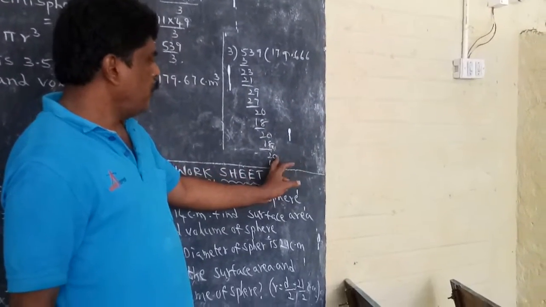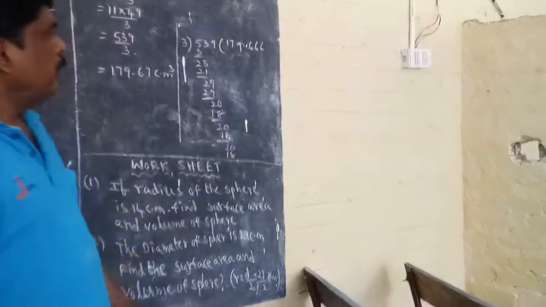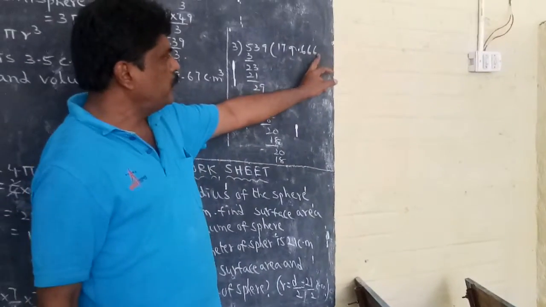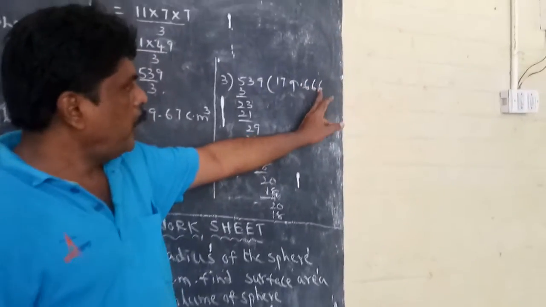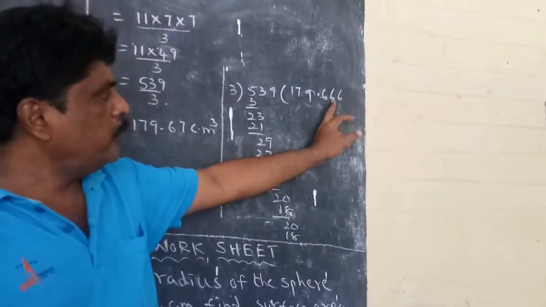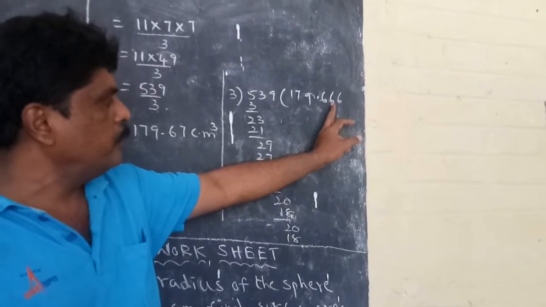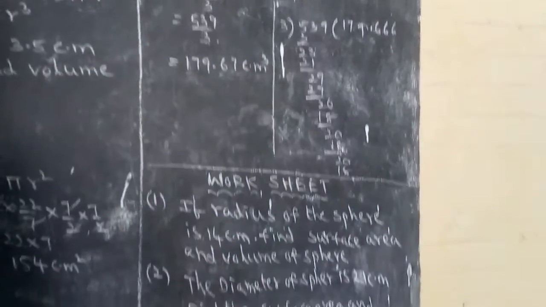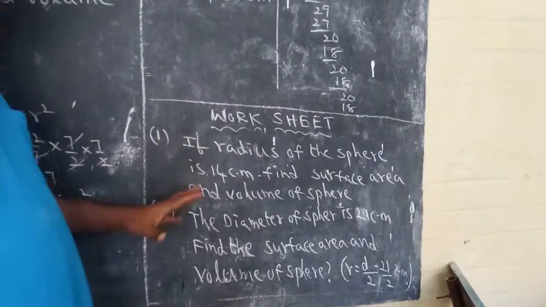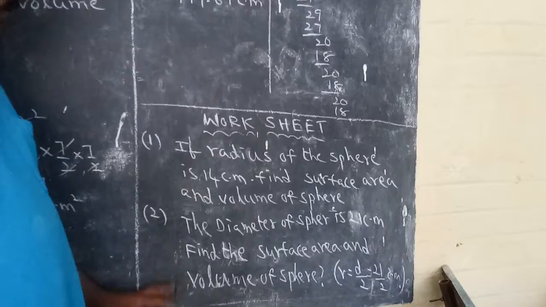So we put a 0 here. 3 sixes are 18. That gives us 179.666. We have to write it to 2 decimal places, so I have to remove the last 6 and add 1 to the previous 6. So the volume is 179.67 centimeters cube.